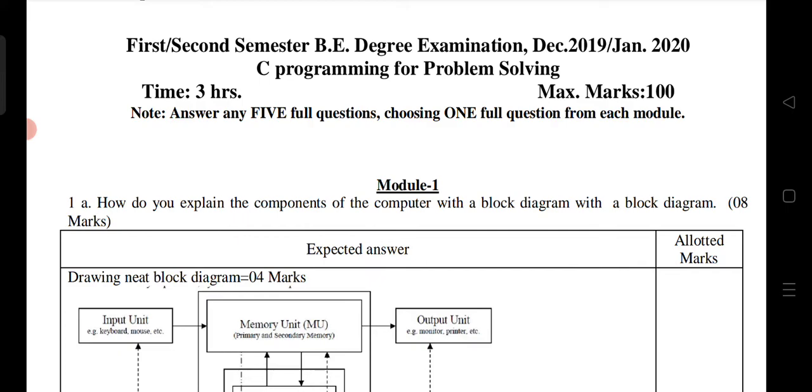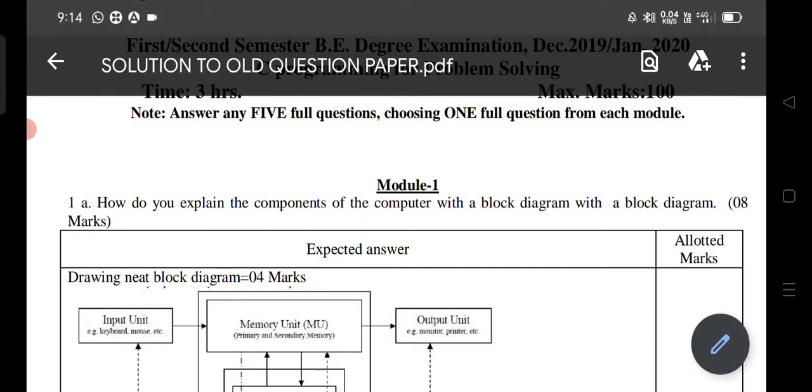So here I have considered the December 2019, January 2020 previous year question paper and suggested the expected answer the student has to write and how the marks will be distributed.